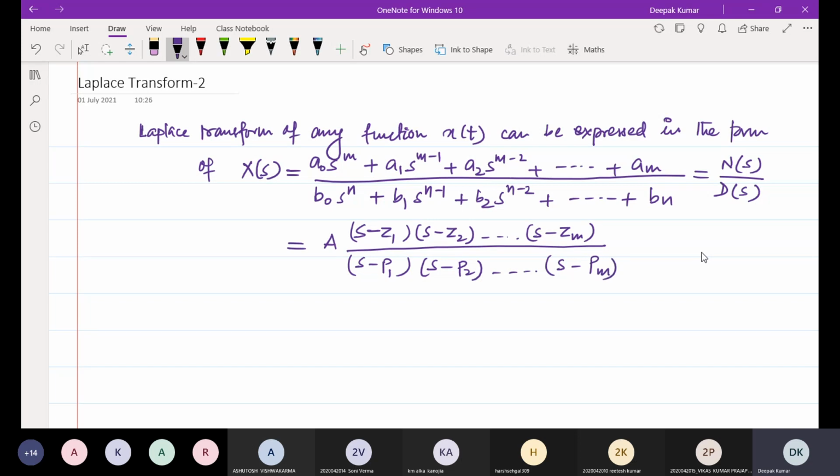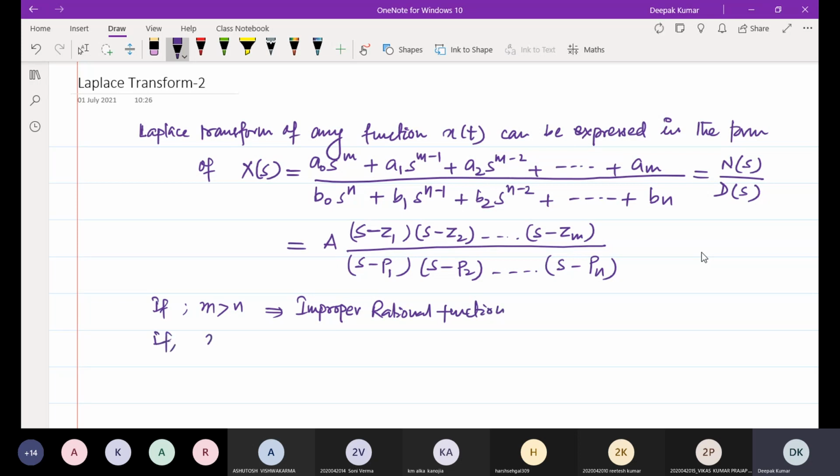Sorry, here it should be n. If m is greater than n, then it is an improper rational function.